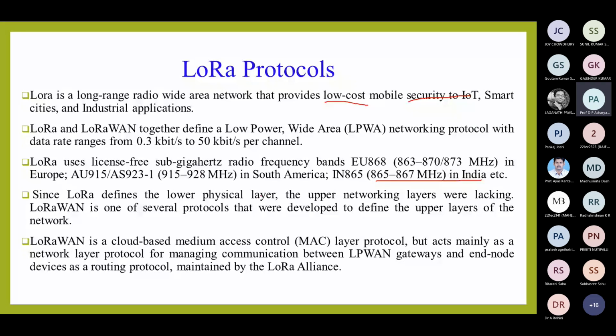LoRa is defined in its lower physical layer, while LoRaWAN defines the upper networking layers. It's a cloud-based MAC layer protocol, acting mainly as a network layer protocol for managing communication between LPWAN gateways and end node devices, as a routing protocol.